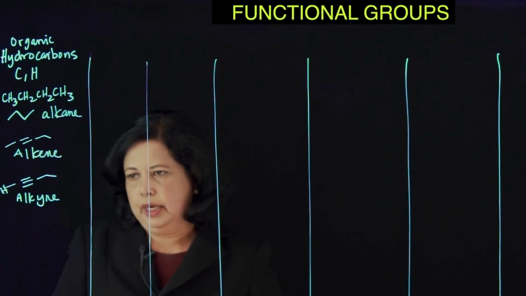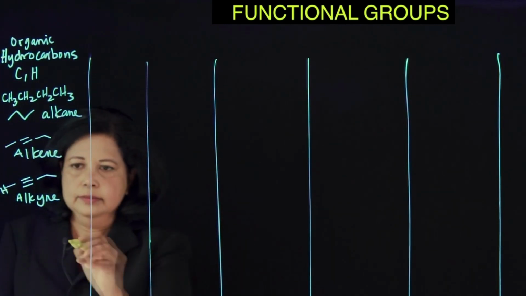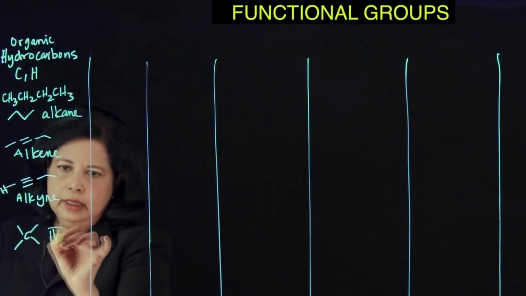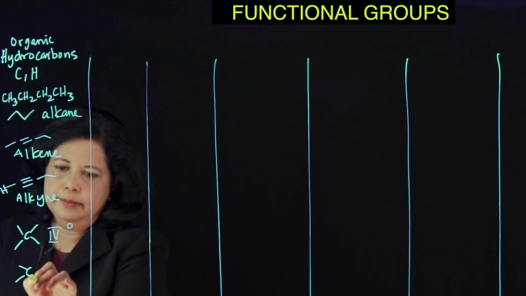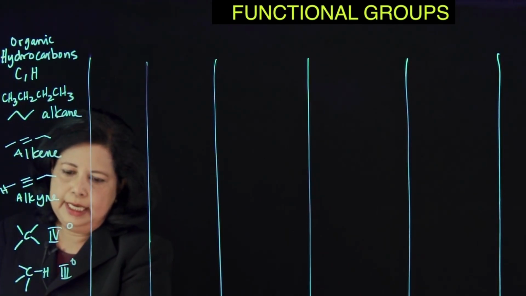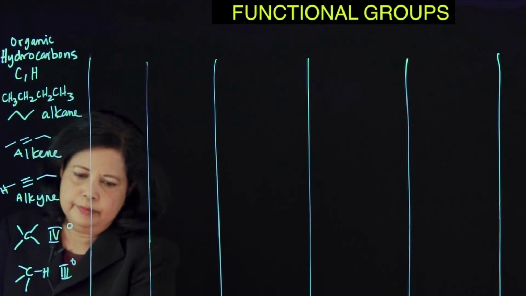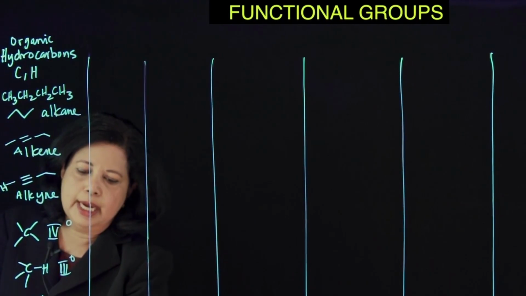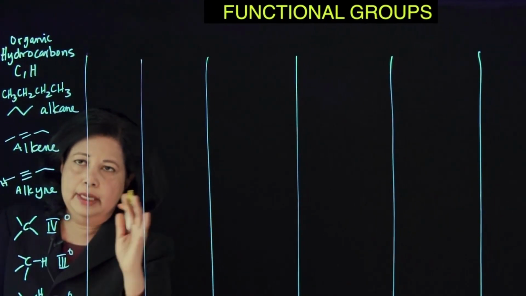And we can have primary, secondary, tertiary. So this will be a quaternary carbon. This will be a tertiary. This will be a secondary. And this classification is really important later on when you do reactions, because they all are going to behave differently.